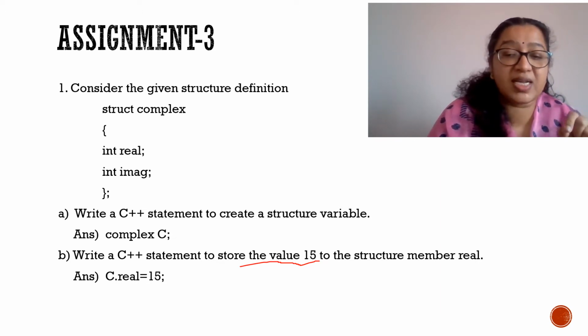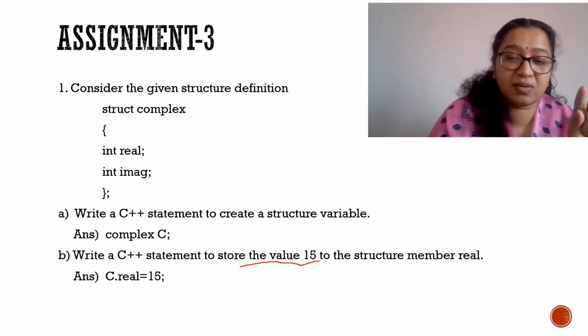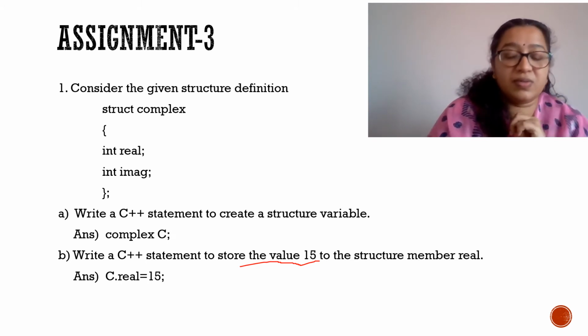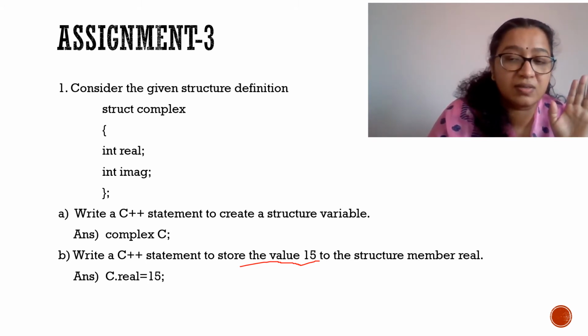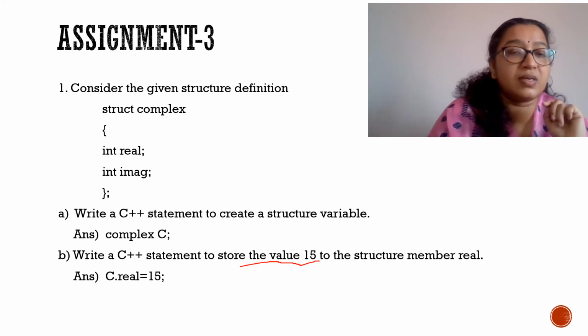So c dot real, structure variable dot element, that is c.real = 15. Clear? This is the first question for 2 marks. Okay. So the next question. Understood? Okay.